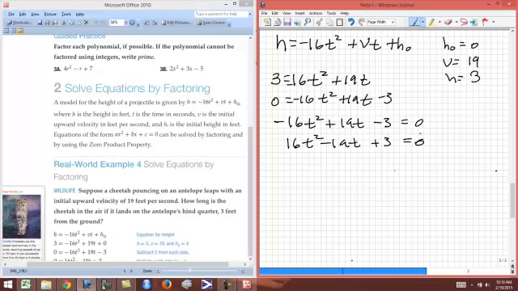Okay? So now we got a equals 16, b equals negative 19, and c equals 3. Okay, a times c is 16 times 3, which is 48.